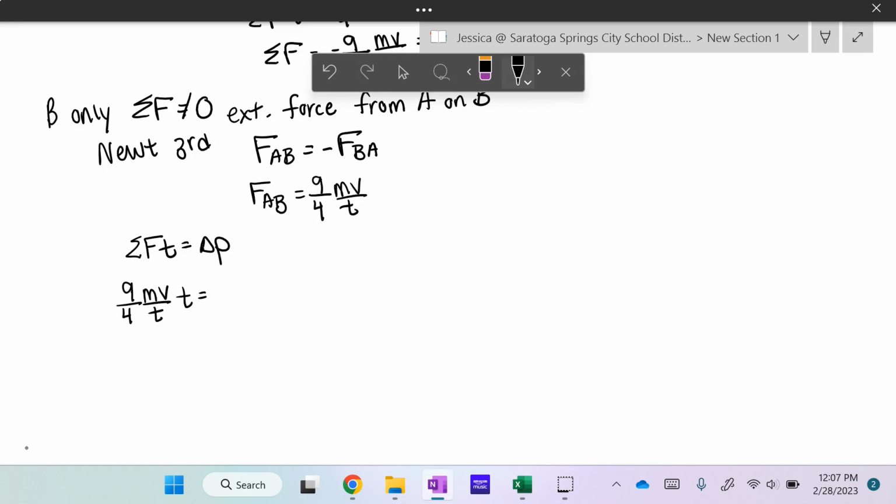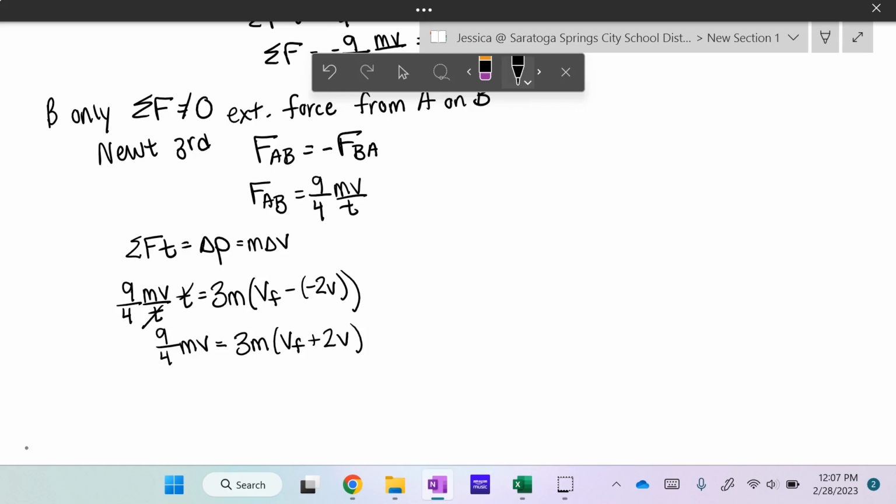Change in momentum is really mass times change in velocity. So we're in the B only system. B has a mass of 3m. I'm verifying V final, and my initial speed was a negative 2v. So here the t's cancel, so I got 9/4 mv, right, equals 3m V final plus 2v.